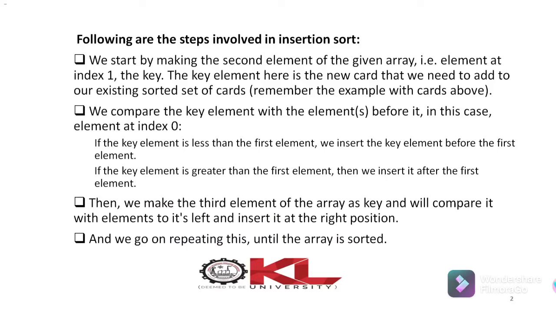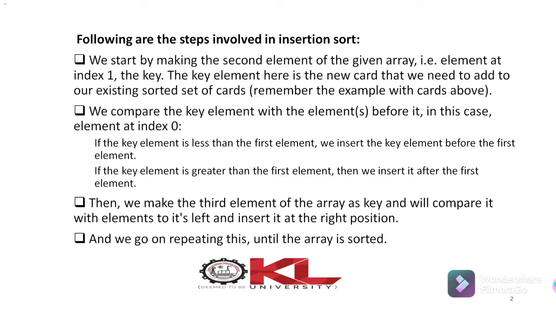When you see the working of insertion sort, suppose you have a list, an array, consisting of some number of elements. The first element by default we consider as a sorted element. We are going to take the second element as the key for the first pass, and that second element we compare with its previous element.